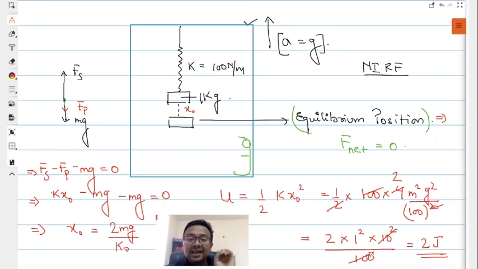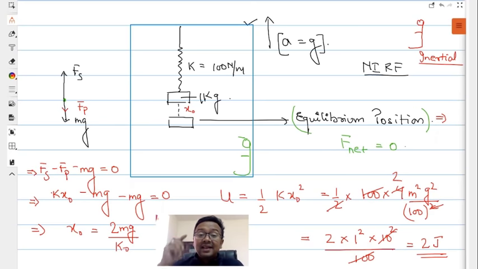Okay, guys. Now, what is going to be the potential energy in an inertial reference frame? If I consider an inertial reference frame, let's say my observer is sitting here. So this is my inertial reference frame.